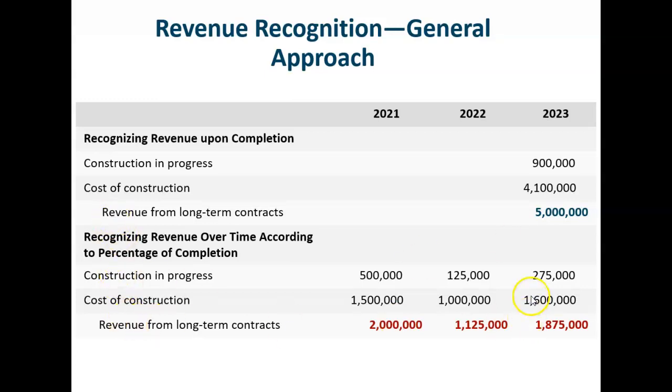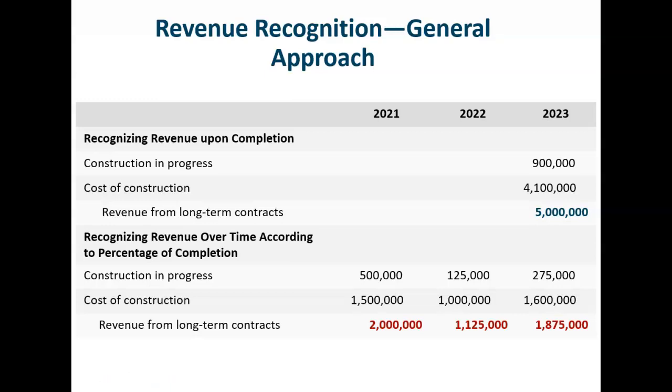While the bottom part of the slide shows the journal entries that achieve this when recognizing revenue over the term of the contract. At this point, we'll focus on the structure of the journal entries, what is debited and what is credited. We'll discuss how to calculate specific amounts later.